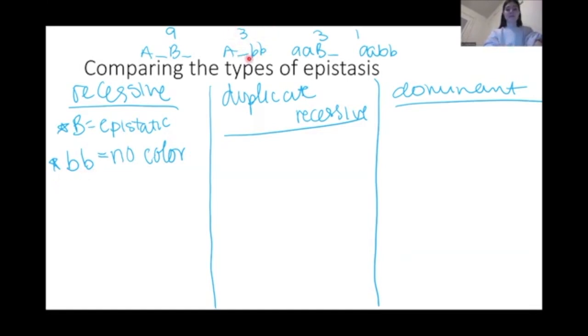So notice there's two spots with little b. And remember, the epistatic gene is just going to mask whatever the other gene is. So for little b right here, it doesn't matter if this is a big A or if it's little a's. It doesn't matter what that other gene is. If this says it's masked, it's masked. So that means that 4 of these would have no color.